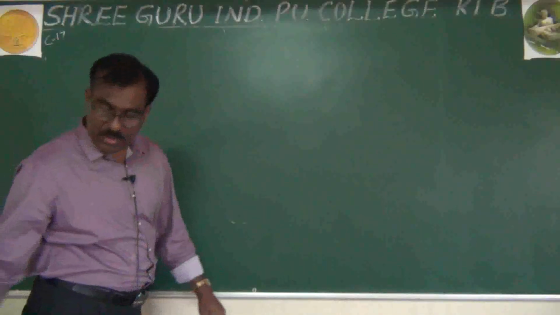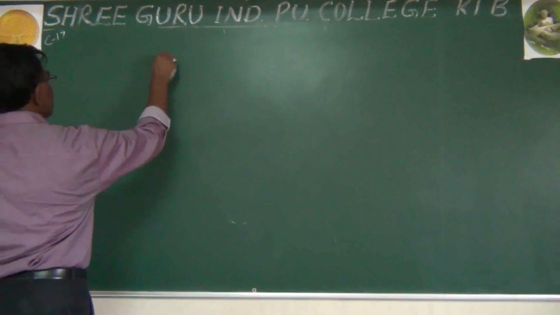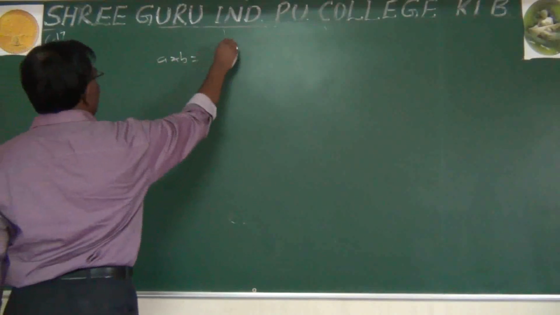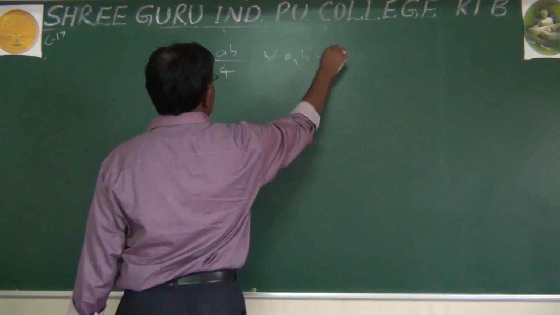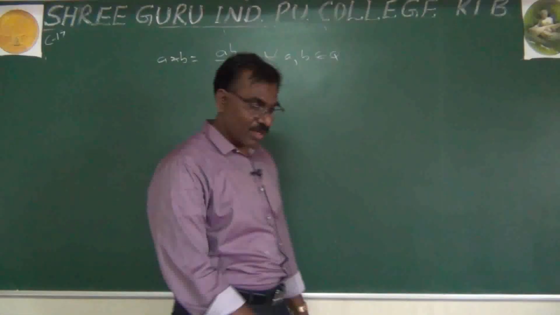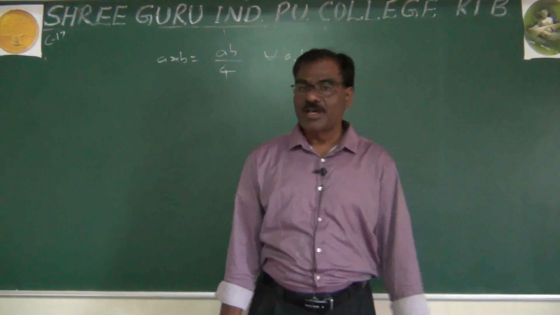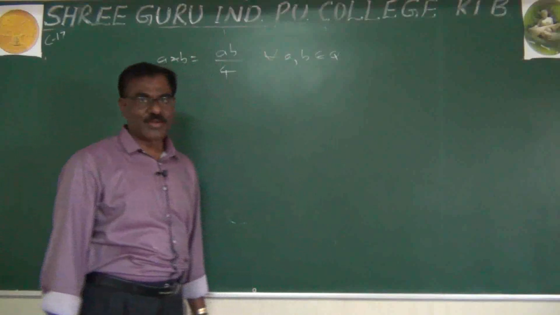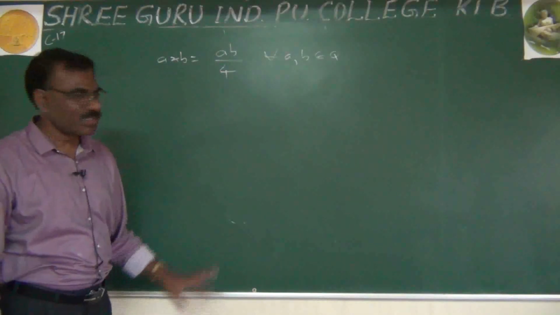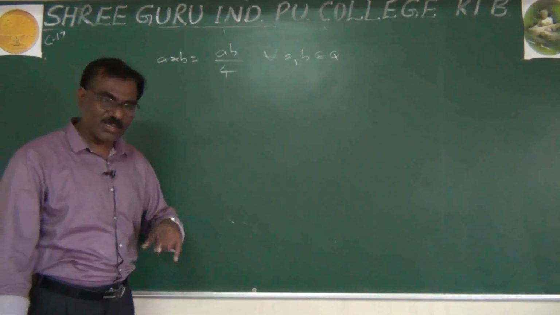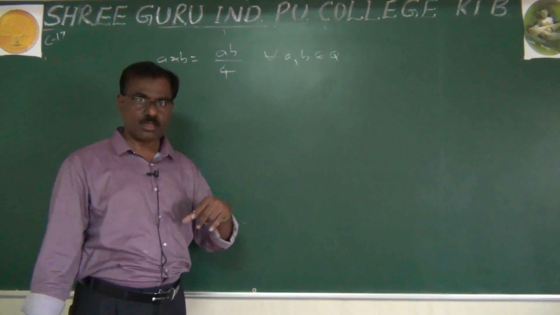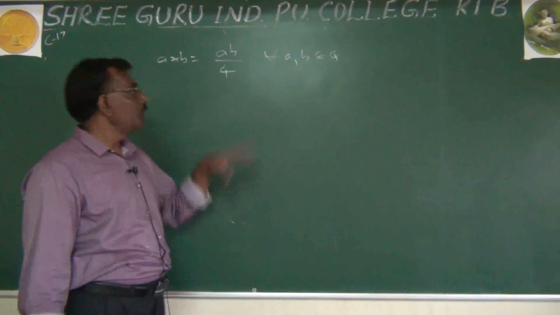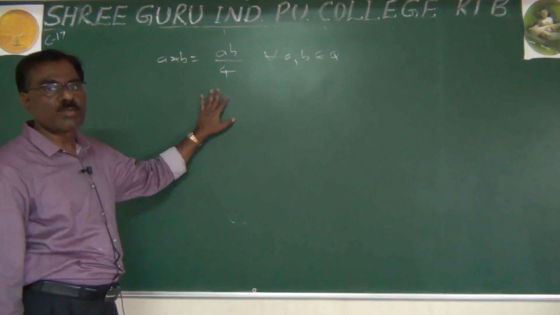So for example, one more is given: A star B equals AB by 4, for all A, B belongs to Q. You have to listen to the class carefully. Don't neglect it. Students can solve difficult problems, but easy ones they don't. Now see, this problem is simple. A star B equal to AB by 4.